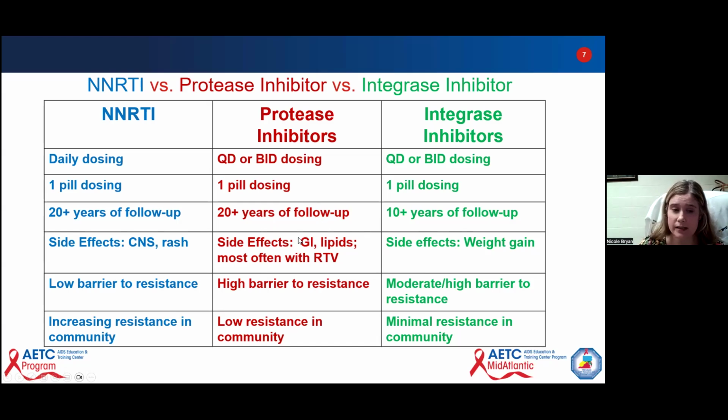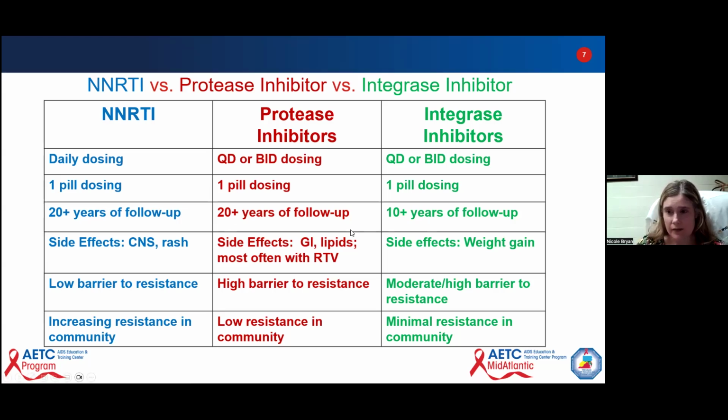As far as barrier to resistance, the NNRTIs are probably the weakest. It doesn't take a lot to burn out an NNRTI, which is what we saw early on in the era of AZT, when patients would lose their AZT by developing resistance mutations. That happens fairly quickly. The protease inhibitors and the integrase inhibitors actually have a higher barrier to resistance.